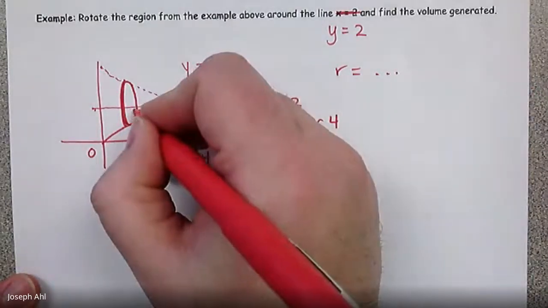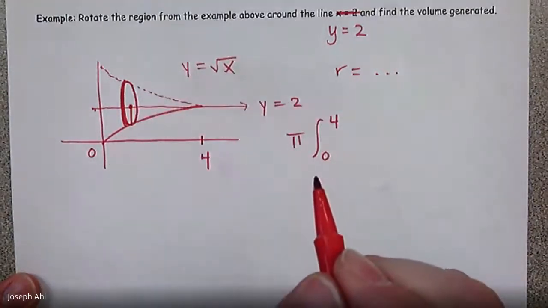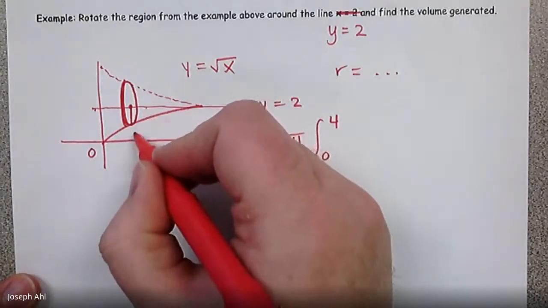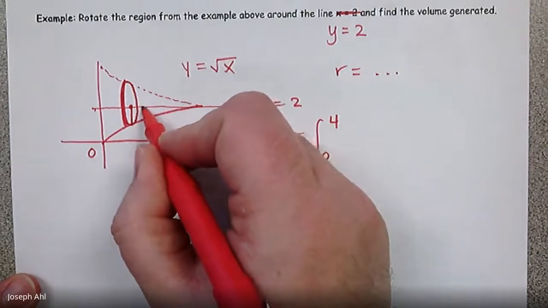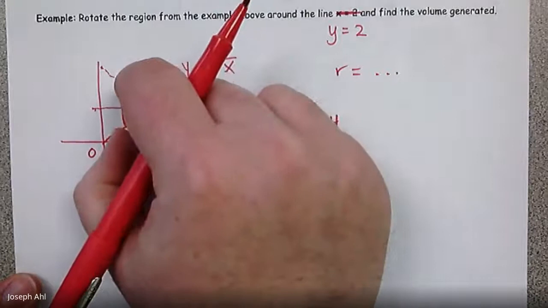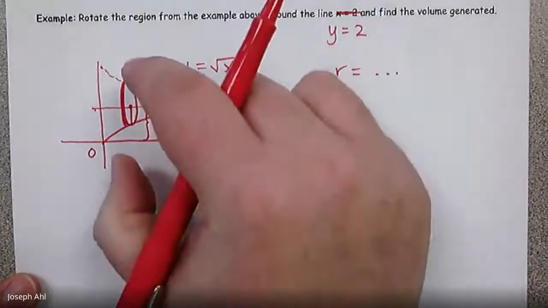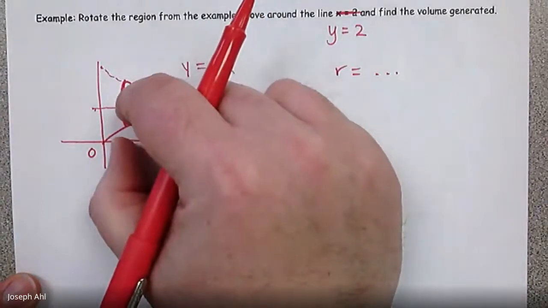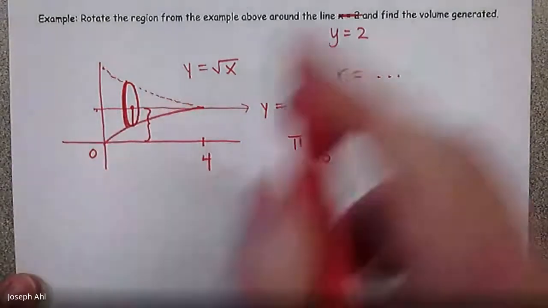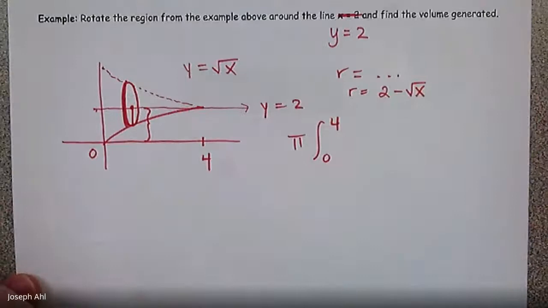So the radius is going to be, if we think about this radius right here, the way you can find that radius is you're going to take the difference in the height of 2, and you're going to subtract out the height to the function radical X. So at any given point, if you were to find a disk along the way, the radius of that disk would be the height compared to 2 minus the height of the function radical X. So the radius at any given moment is 2 minus the square root of X.